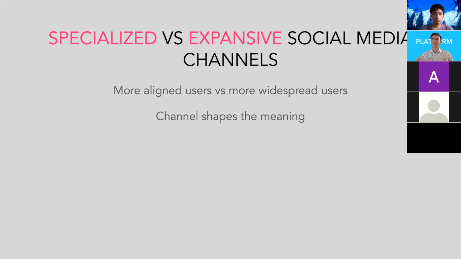So maybe you're going to have a portfolio website and then an Instagram that's tied with that, because you're more interested in having the Instagram potentially be exposed to a wider variety of users. There's a lot more general users on Instagram than you would find on Dribbble or ArtStation.